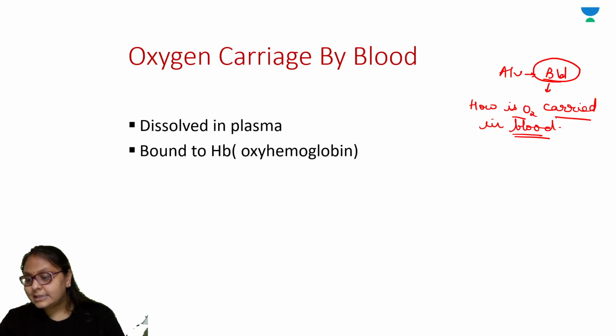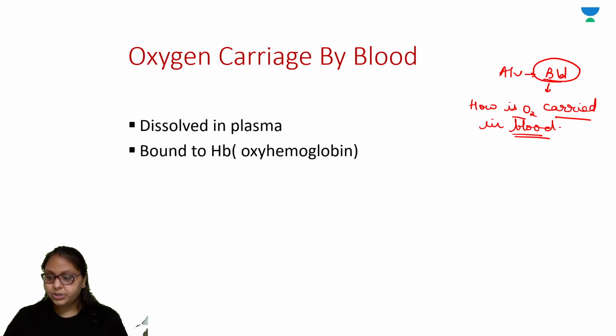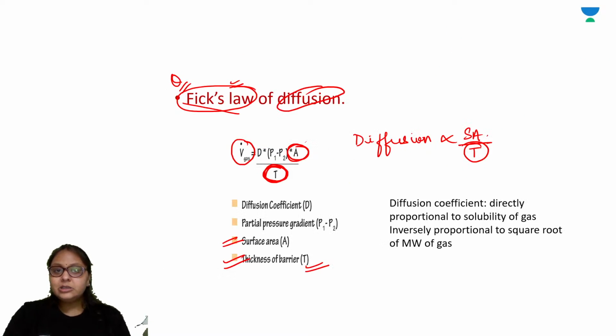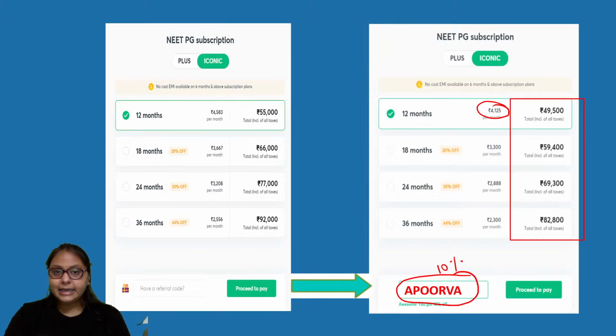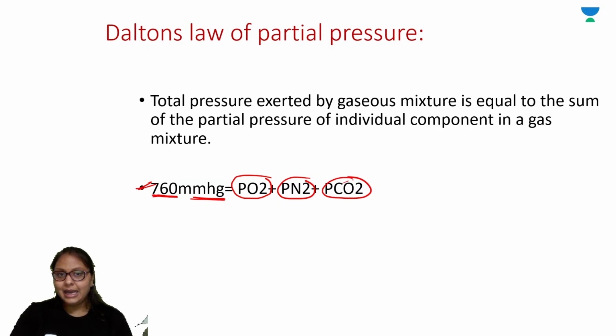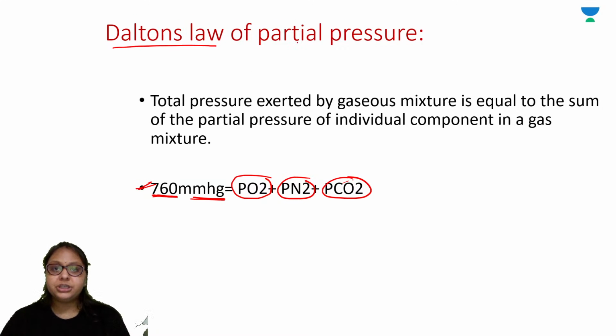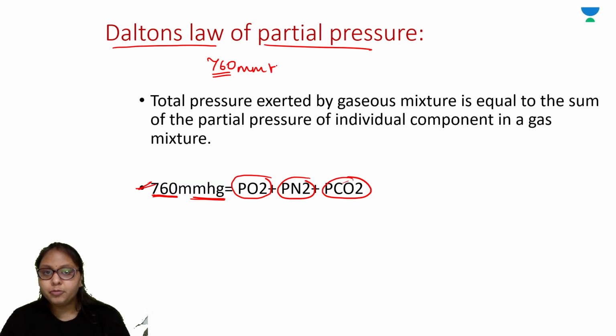Dr. Zubair is asking me to explain Dalton's law and the oxygen cascade. Yes, Dr. Zubair, I'll just revise it with you. Dalton's law of partial pressure states that, see, what is our atmospheric pressure? That is 760 millimeters of mercury.